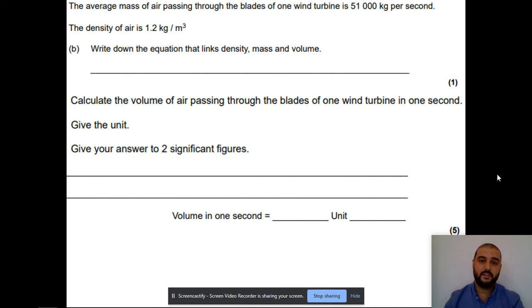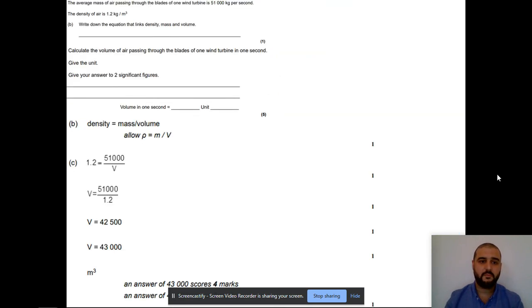Okay, now that you've done that, let's have a look at the solution. Now, I've actually taken this directly from the mark scheme because it was a bit fiddly to actually do the calculations on PowerPoint. Here's the original question. Now, the very first equation is density equals mass over volume. Now, I'm just starting to think, have we actually covered density?